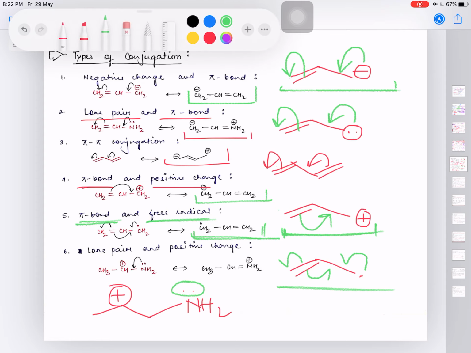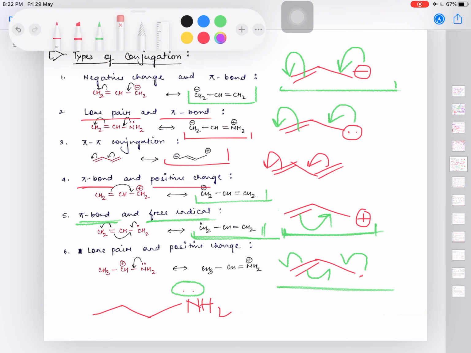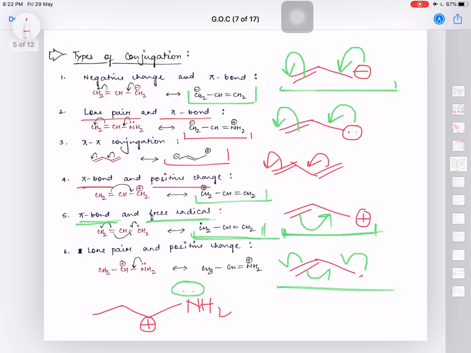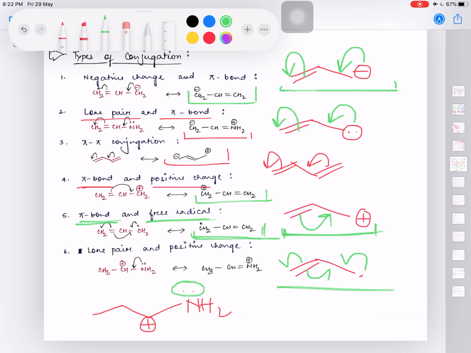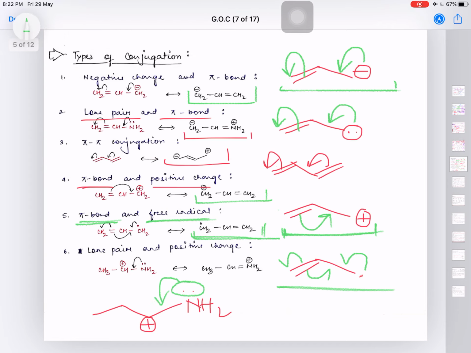In an adjacent position, if you have a plus charge, the lone pair will give its electrons and you will get this structure. So these are the 6 different types of conjugation that are possible, and this is very, very important.